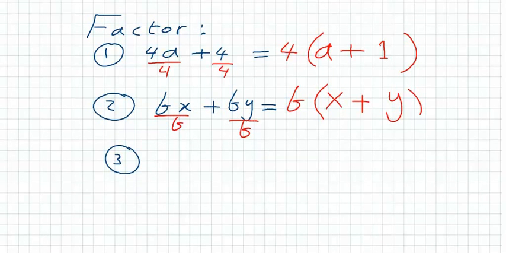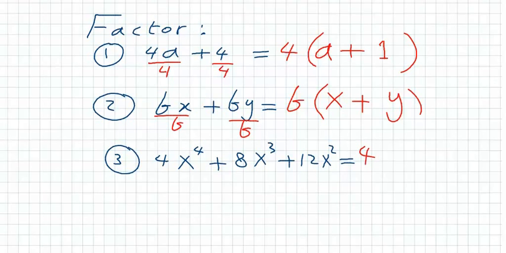Example 3: 4x to the power 4 plus 8x cubed plus 12x squared. Look for the factors for every term. 4, 8, 12. It's clear that 8 and 12 are divisible by 4. So I'll choose 4 as a common factor.